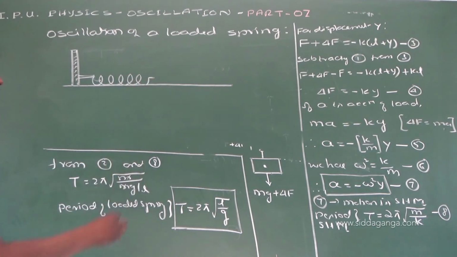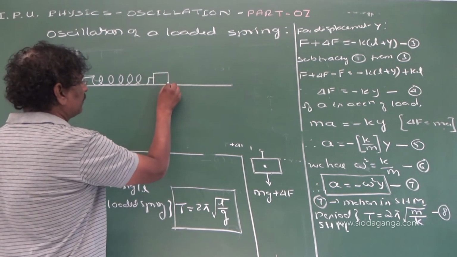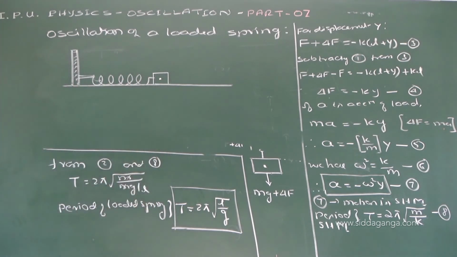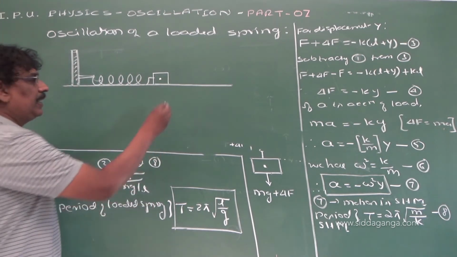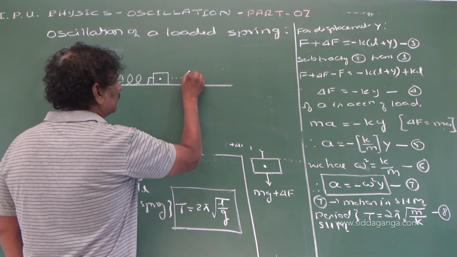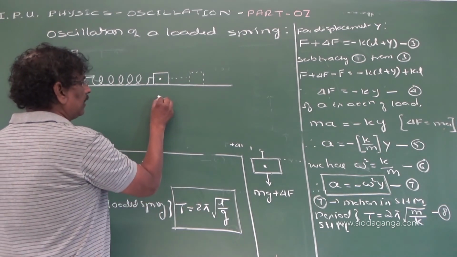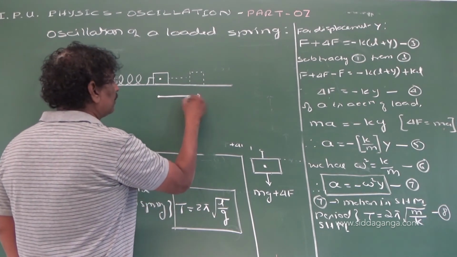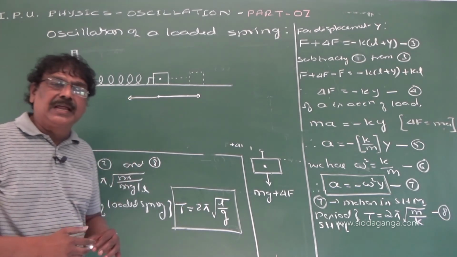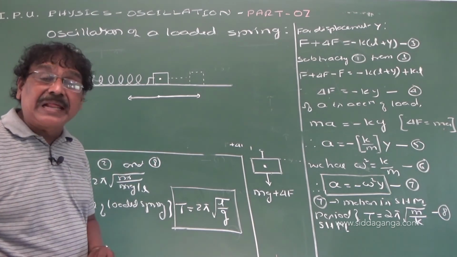So when a load is attached to the spring and it is pulled rightwards, it begins to execute oscillation in the horizontal direction, that is, in the horizontal plane.